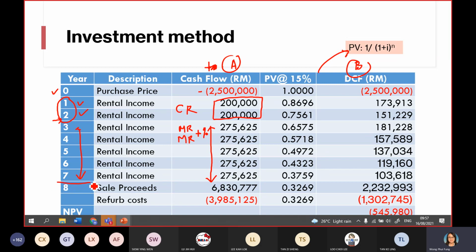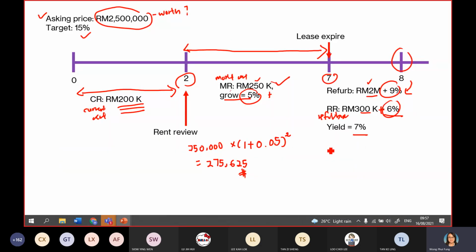Okay, after that, when the lease ends, your client says he wants to do refurbishment. So next, you are going to calculate the refurbishment cost. So refurbishment, 2 million times, similarly, 1 plus i, 9%.